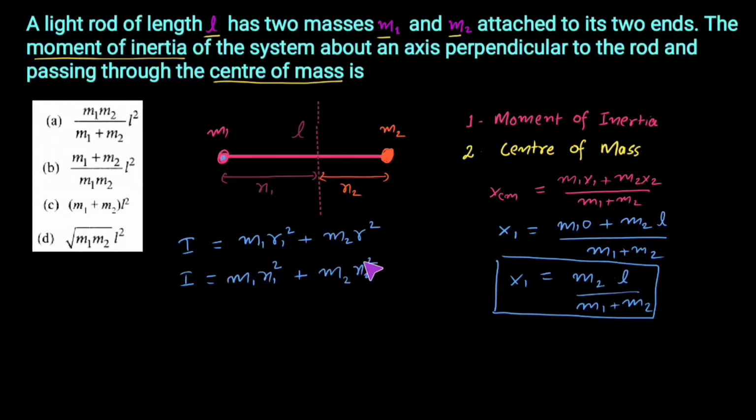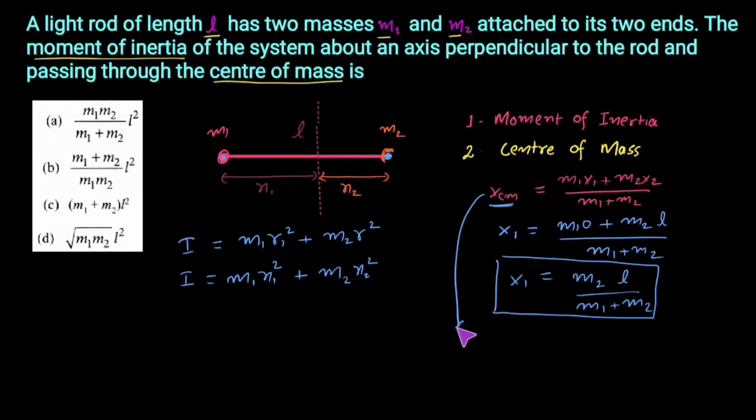Similarly, we also need to replace x2. In order to replace x2, we have to find the value of x2. So now I will assume mass m2 to be our reference point. If this is our reference point, then xcm is the distance of the center of mass from our reference point, and our reference point is m2. So the distance of the center of mass from this reference point is x2.